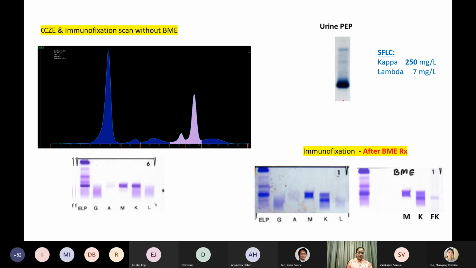Urine protein electrophoresis showed a clear monoclonal free kappa light chain. Because of that, we repeated the immunofixation after BME treatment. Now you can clearly see IgM kappa and another band in kappa which reacts with free kappa antisera. Initially we didn't see that second band, which was the free kappa band.